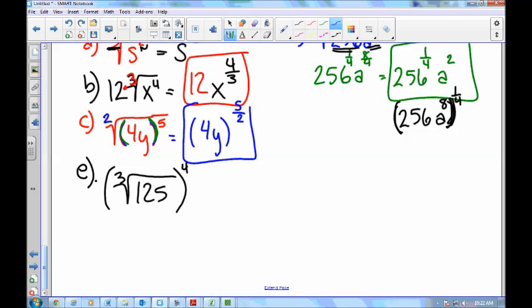It's just the same thing as C. Even though all of it's in parentheses, it's the same thing as C. It would be 125 to the, what do you think? 4 thirds. 125 to the, well, just to show you can put parentheses in different places, but interior or exterior.